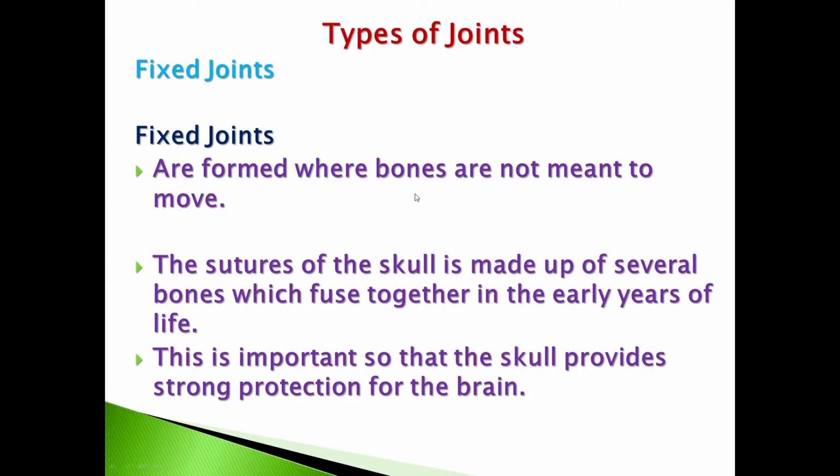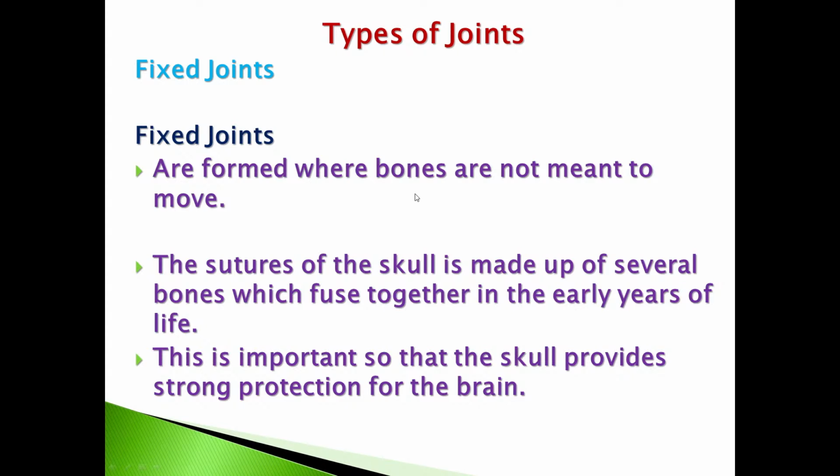Now the second point is giving you the name of the joints that are within the human skull. The joints are known as sutures. The sutures of the skull are made up of several bones which fuse together in the early years of life.